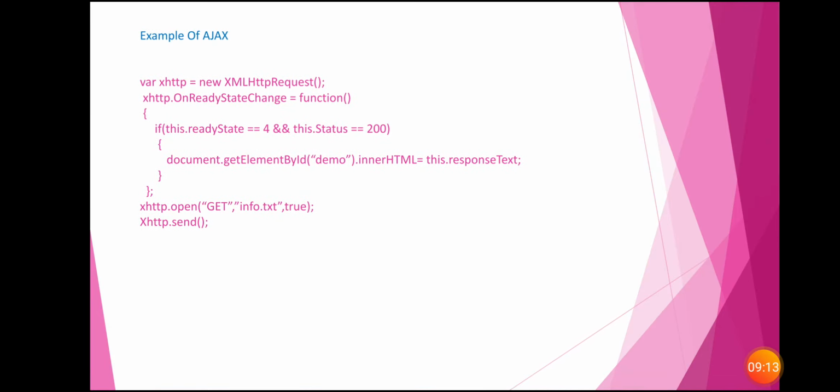Now we see a complete example for Ajax. First, in this we create an object for XMLHttpRequest and then use the onreadystatechange property function.